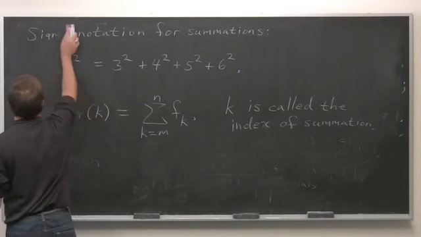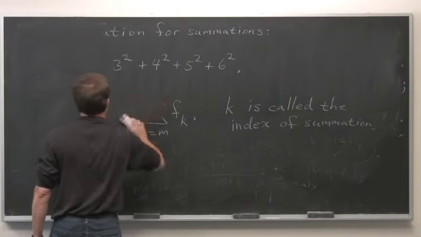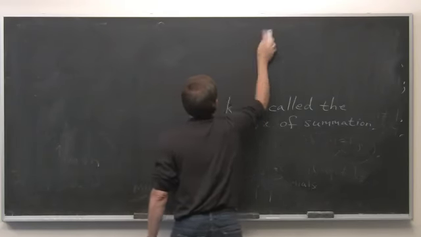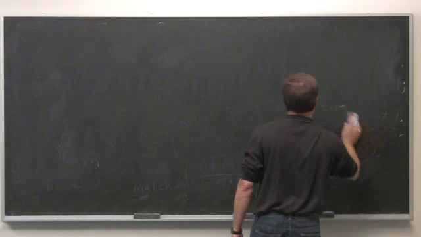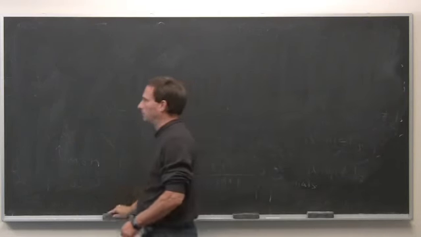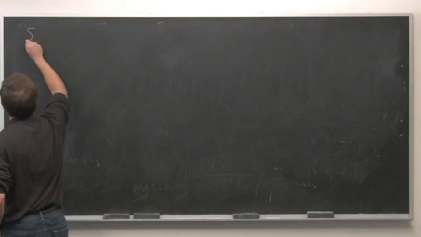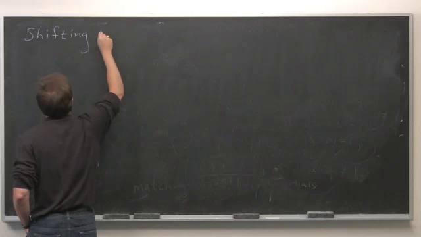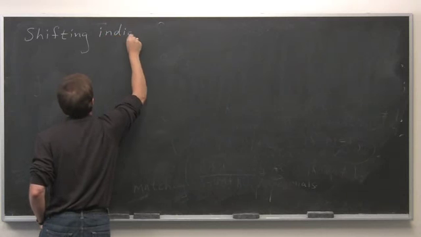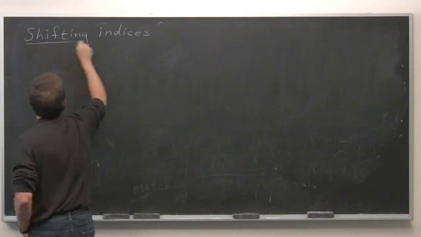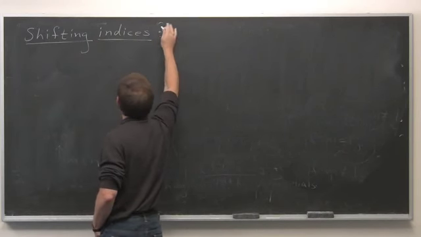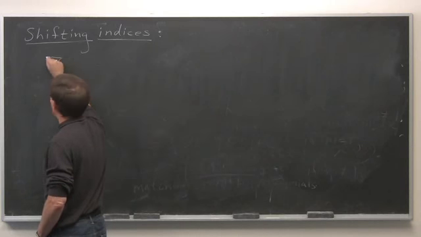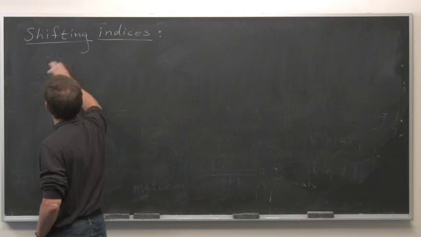All right, what's another basic property? Another basic property is that we can shift indices. So again, let's keep picking on this same example.